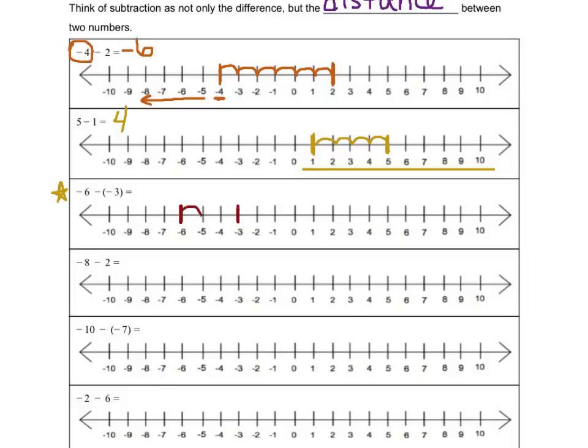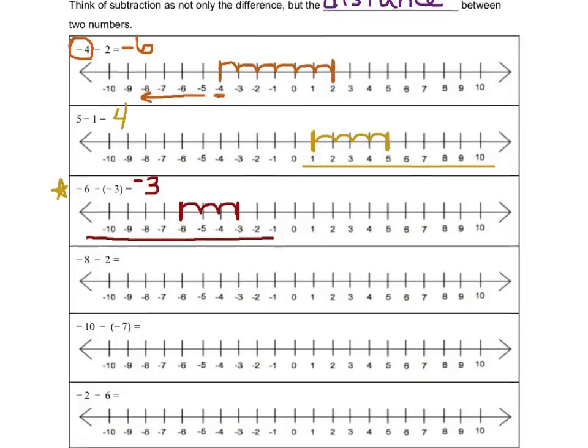And I have 1, 2, 3. So my answer is going to have the integer 3, and now I need to determine is that a positive or a negative. Well, again, if I look at the fact that I am completely on the negative side of the number line, my answer is a negative 3.